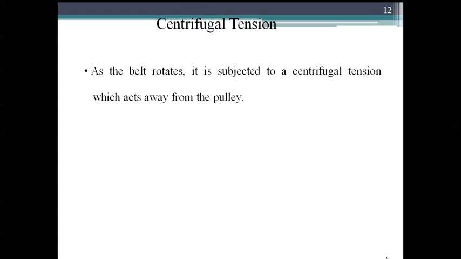That force is called centrifugal force. So in belt drives, due to that centrifugal force, centrifugal tension will develop. That centrifugal tension acts away from the pulley, throwing the belt away from the pulley, when the belt is rotating.